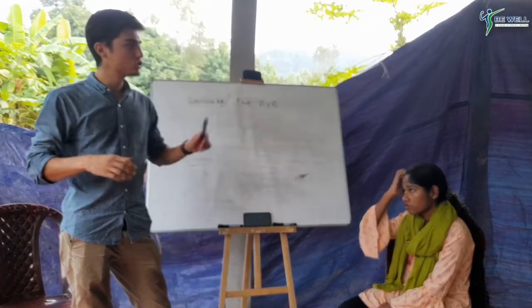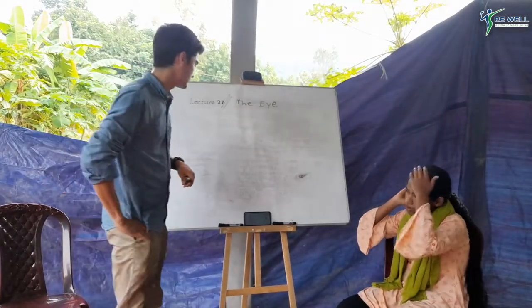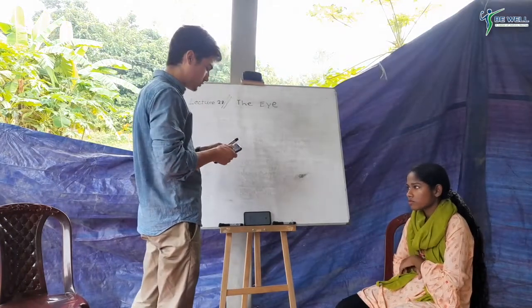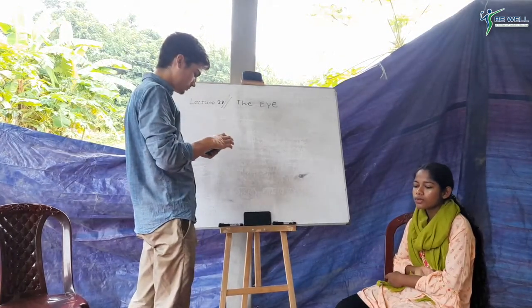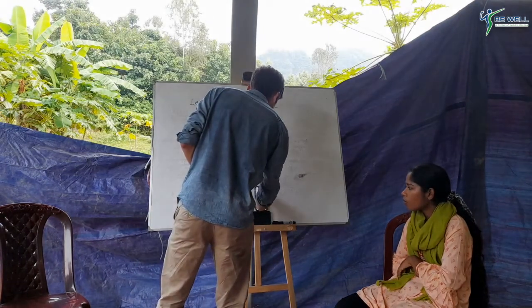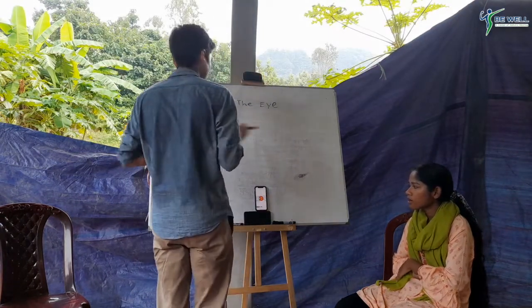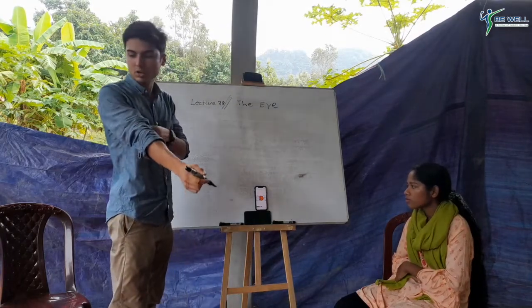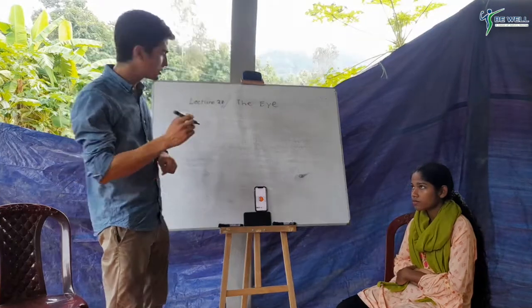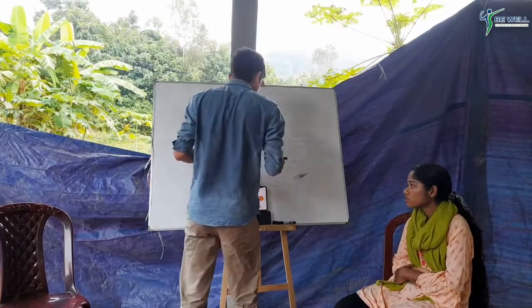But anyway, we need to know some things about the eye. You can see the diagram I've put in front of you there. I'm going to try to draw that diagram for you, so you can copy it onto your page. This will help you to understand a little better, I think.